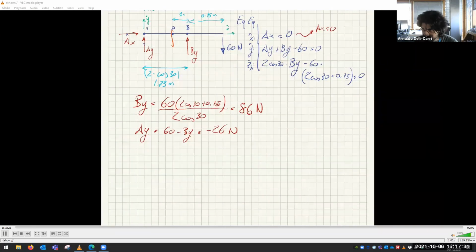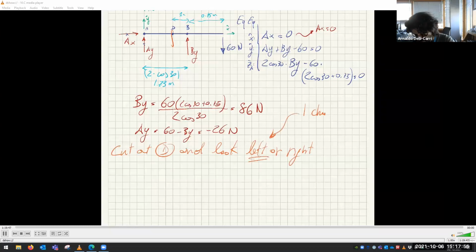It doesn't matter. So I can cut at D and look left or right. Now, I'm looking left because I think it's easier.